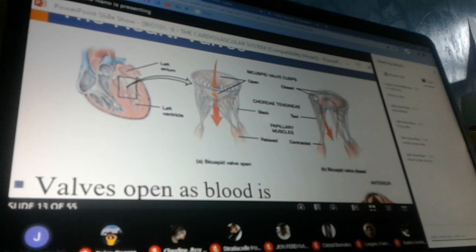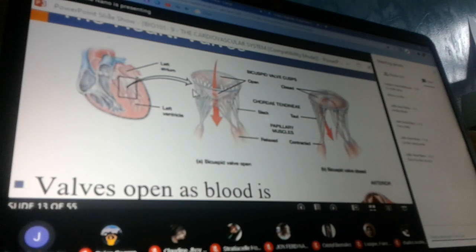Okay? So, naka-close na yung ating cusp. So, pag naka-close yung ating cusp class, naka-taut si chordae tendineae. Okay? So, naka-contract kumbaga siya. So, yung ating papillary muscles, hihilain niya yung ating chordae tendineae para ma-close yung ating cusps.